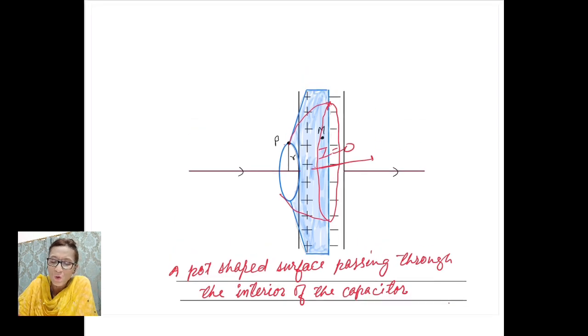Now Maxwell took a different kind of surface. Boundary remained the same, and he had to find magnetic field at this point P only, but he took a surface of this boundary different, a pot kind of surface, a part of which is inside this capacitor.